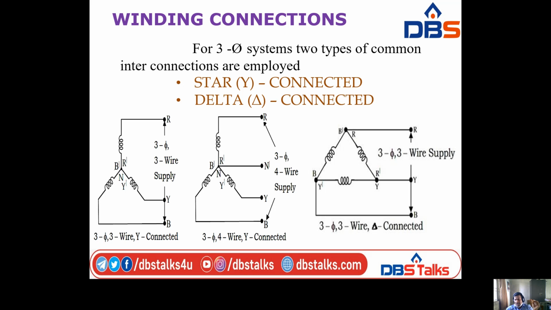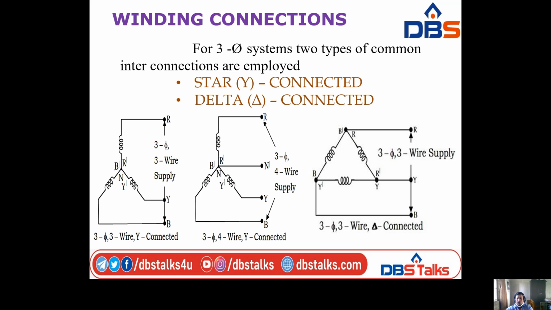Now from the common points of every two phases, you take the line. From R B dash one wire is taken as the R phase, from Y R dash as the Y phase, and from B Y dash as the B phase. That is nothing but R, Y, B. It is always a three phase, three wire supply.